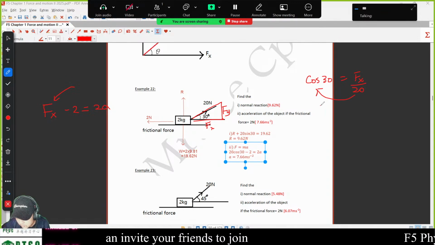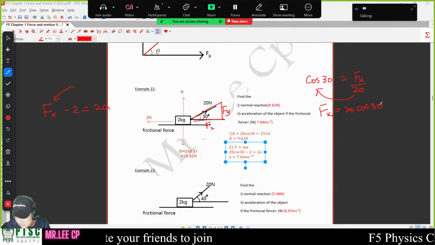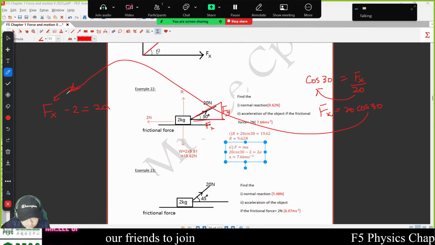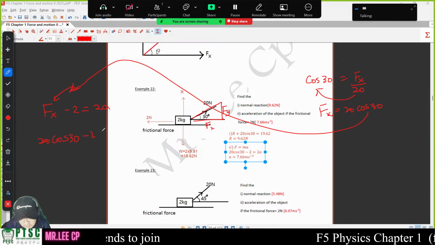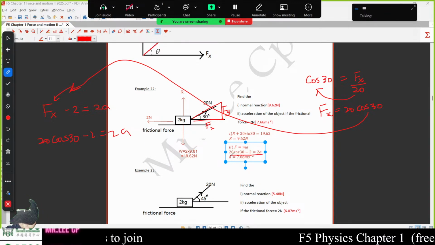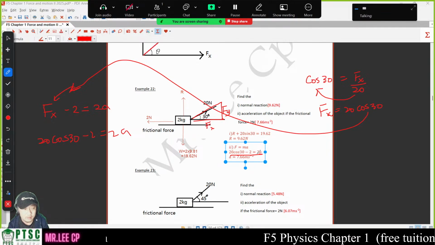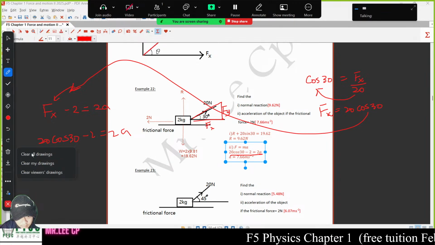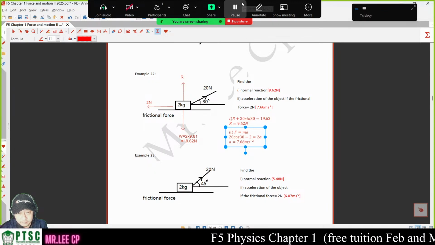You bring this one up, Fx is equal to 20 cos 30. So you substitute back into here. So 20 cos 30 minus 2 is equal to a. You see, I use just one step to do it. Okay, I hope you are okay with here.